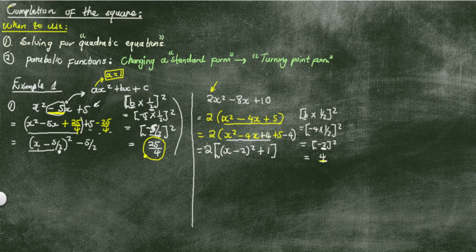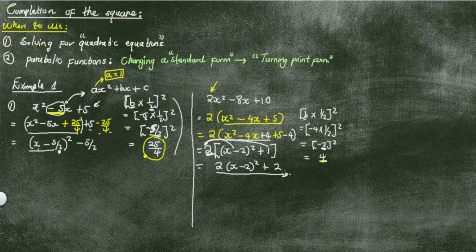You close the bracket, then take the 2 and multiply this bracket, and take the 2 and multiply that 1. So we total 2 times x minus 2 squared plus 2. This is our final answer.